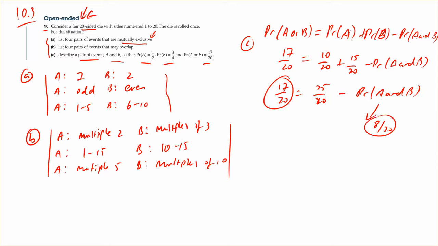So we need to find a scenario where the probability of A is a half, the probability of B is 3/4, and the probability of A and B is 8 out of 20.